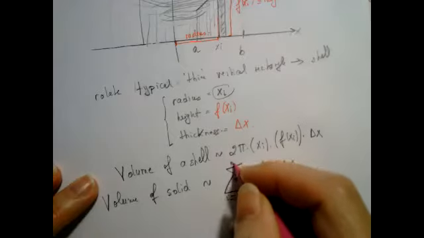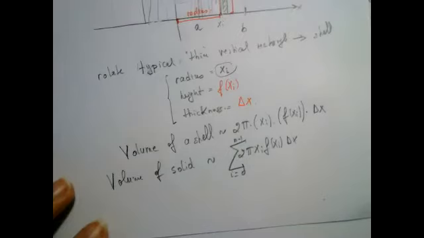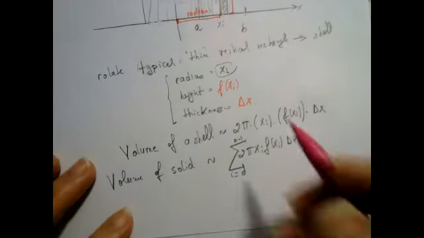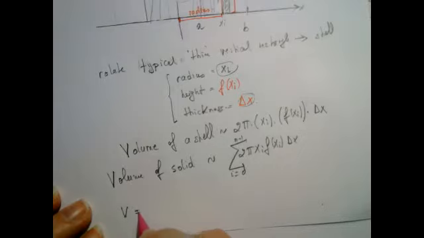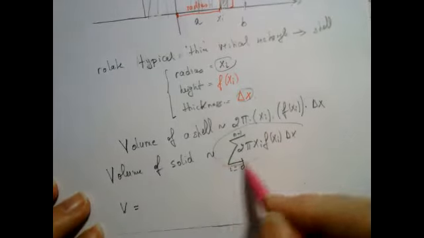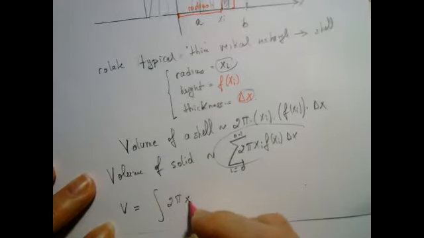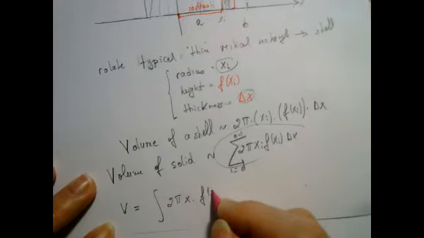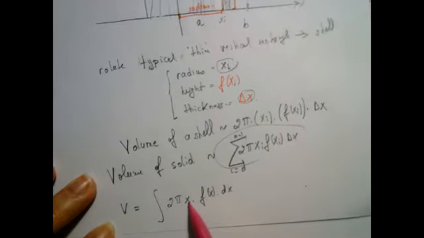And it depends, you take right, you take left, it doesn't really matter. So when n is becoming very large, it means when we take more and more subdivisions, this delta x will become tinier and tinier. We are doing a better covering of the region. So this looks like a Riemann sum, and that should become 2 pi x f of x dx: 2 pi times the radius times the height times the thickness.